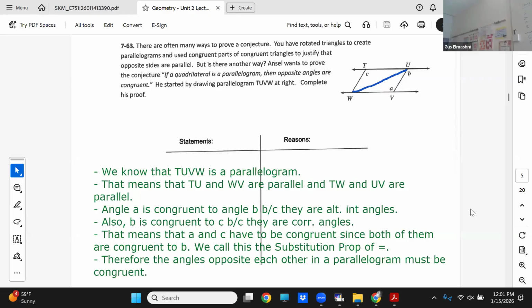But does that make sense for the logical flow? You've got parallel lines, alternate interior angles, corresponding angles, angles that are the same, and a comparison between A and C. So that could prove it. Actually, I didn't necessarily use CPCTC. What I wound up using was substitution. So I didn't have to prove any triangle congruence. I could have, I suppose, but I didn't think that was necessary.